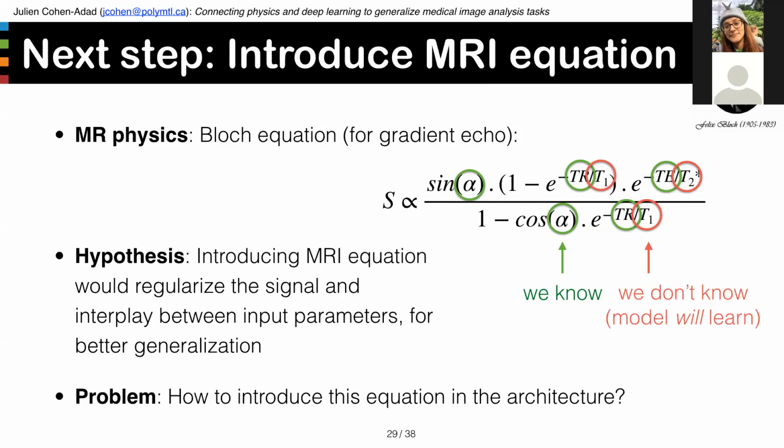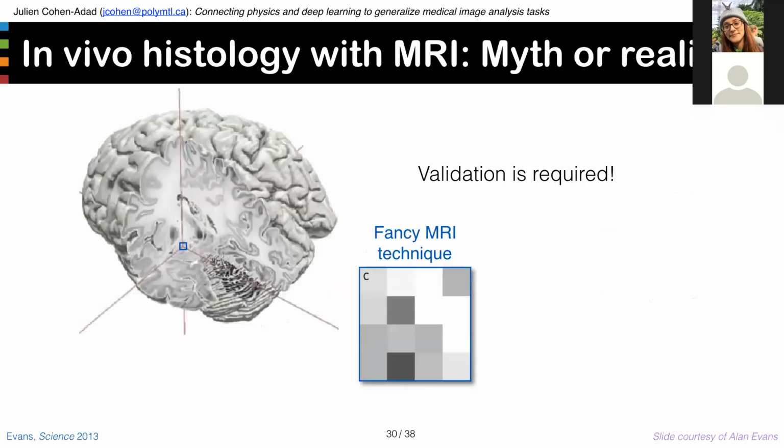So that was it for the MRI part. Now let's come back one step back to our big brain here. These are our big voxels that we acquired with our fancy MRI techniques.